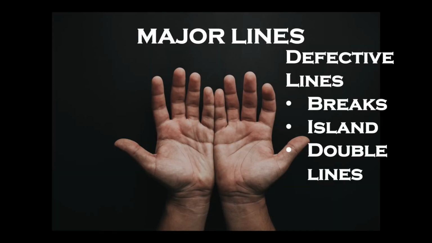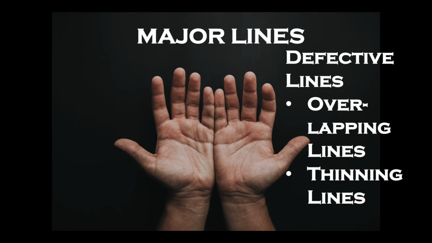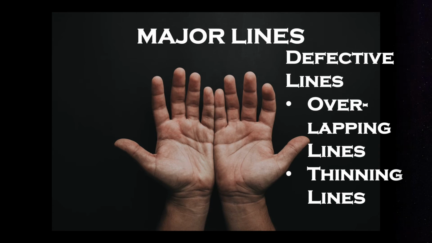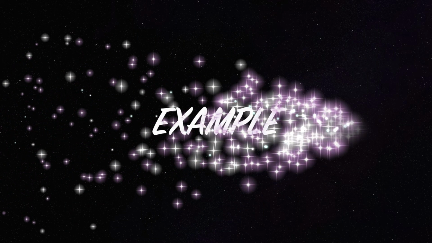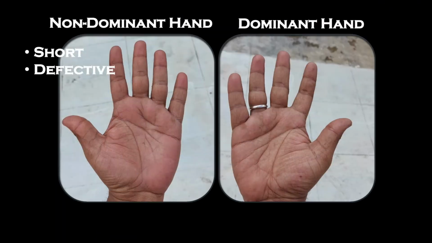And not so better lines would have breaks, islands, double lines, overlapping lines, and thinning lines. Let's take an example. Here you can clearly see on the left hand, the non-dominant hand, the lines are short and have defects as well.